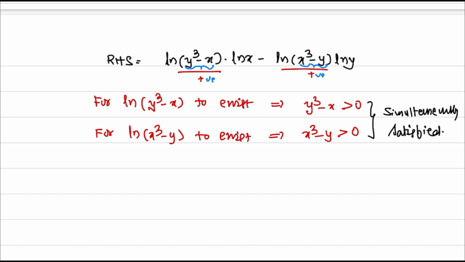When will it be possible? That is the question. The main crux of the problem is when y cube minus x is greater than 0 and x cube minus y is greater than 0 simultaneously.